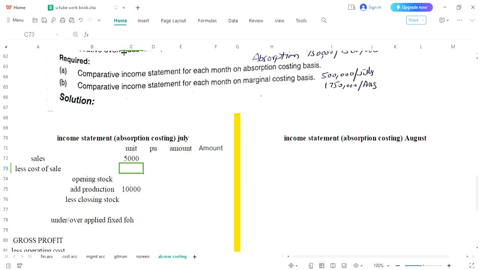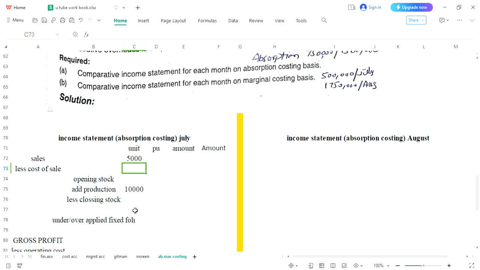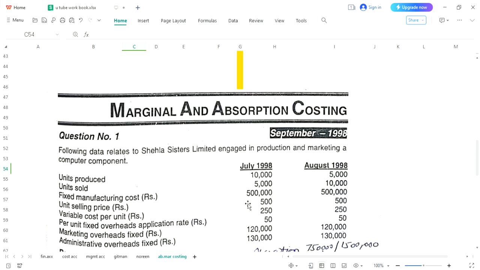Here we need a little more space. Then next, 5 lakh is fixed manufacturing cost. This would not be used directly, we will be using it indirectly. Unit selling price is 500.